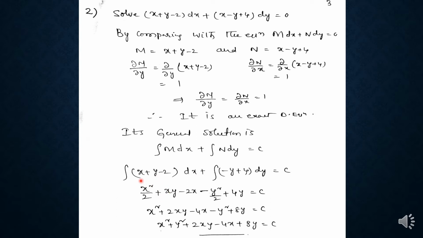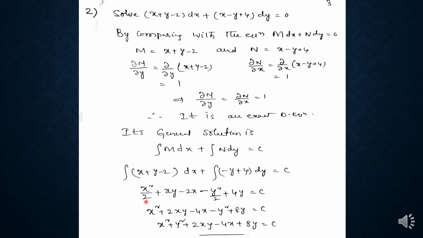So we'll get x²/2 + xy - 2x. Here while taking N, we should take the terms free from x, that is (-y + 4) dy. By integrating this function, we will get -y²/2 + 4y is equal to c.